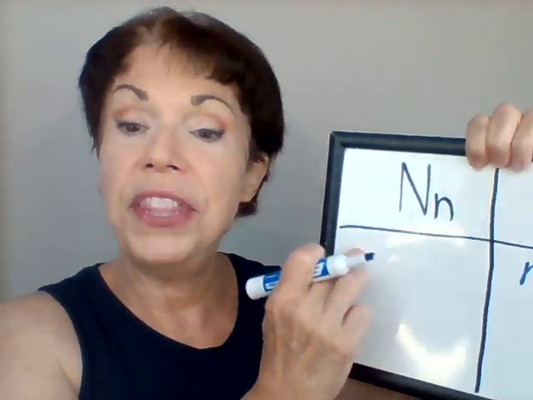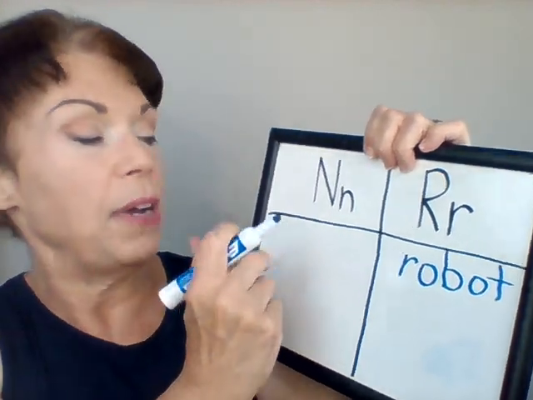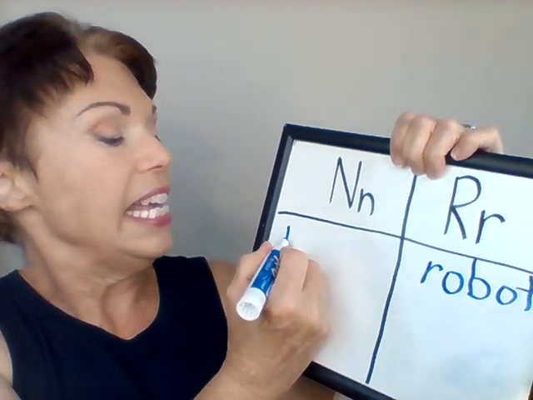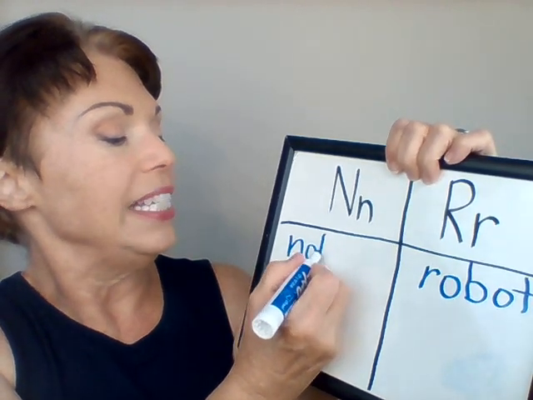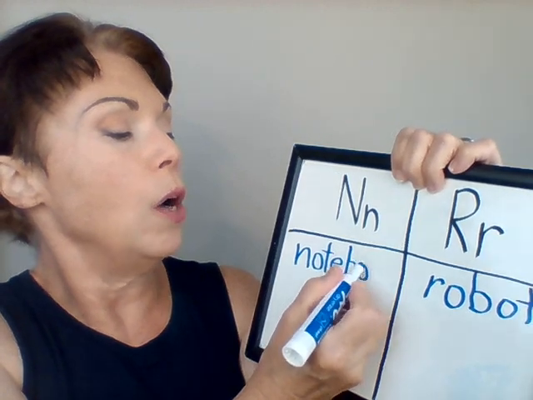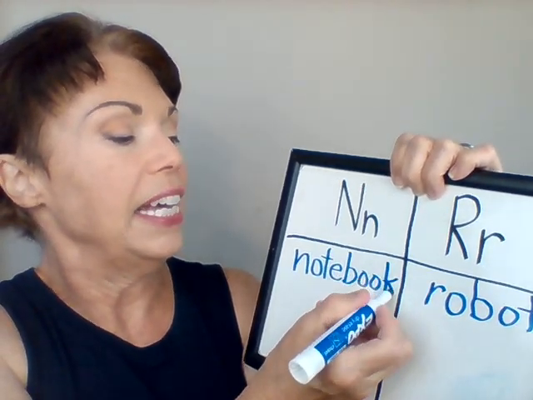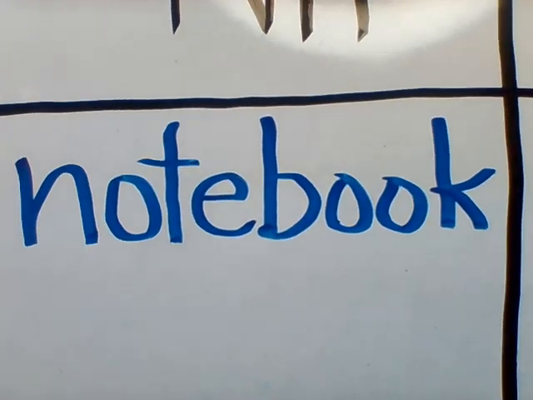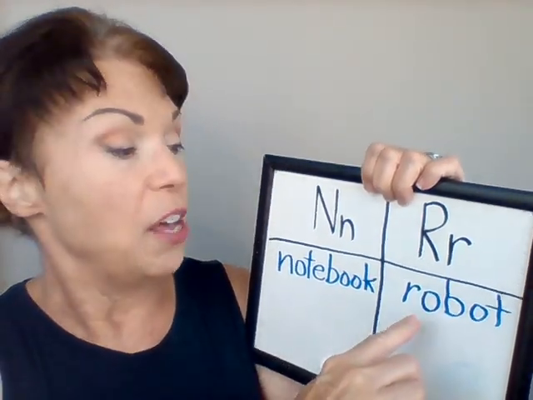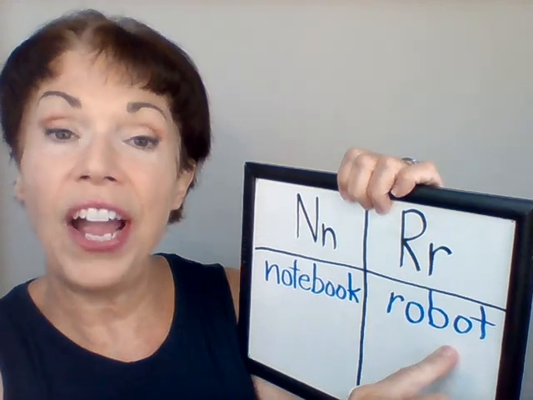So I'm going to put that word on this side of my graph. Spell notebook with me. Here we go. Notebook. That word is notebook. So I have one word on this side and one word on this side of my graph.